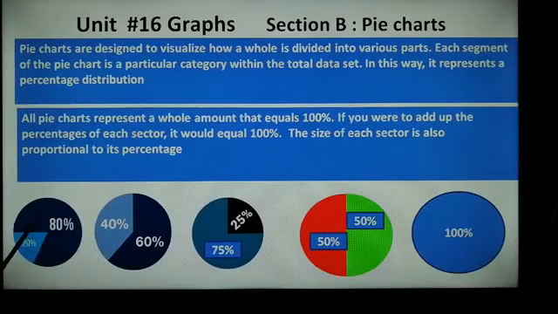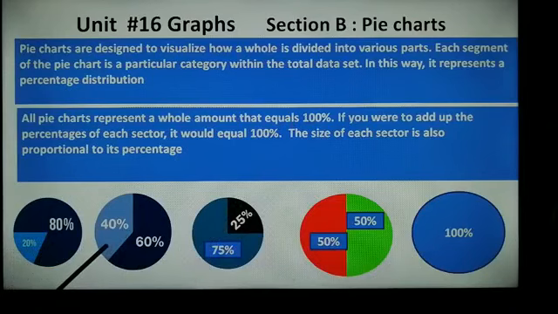There are two slices here. One slice is 20%. The rest of it, size-wise, we can identify is more than 20, and when we add up these two we get the whole. We learned the whole amount is equal to 100%. So here 20 plus 80 is equal to 100.